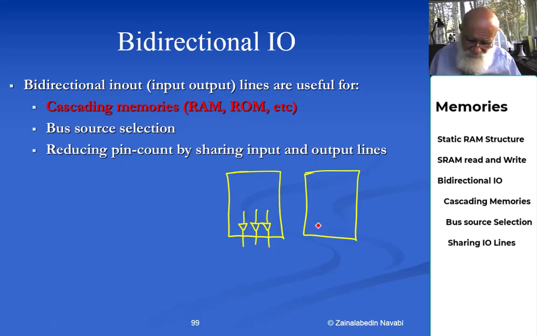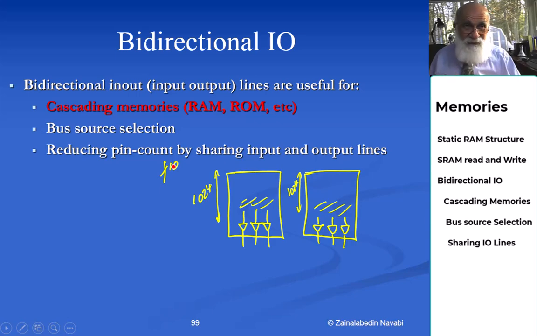Okay, let's just assume 3 bits. Structure here, and let's say this is a memory that has 1024. Same thing with this one, 1024. Okay, that means 10 address lines.